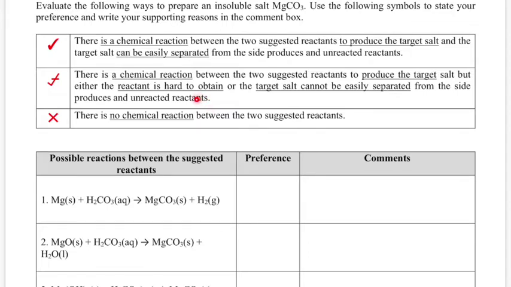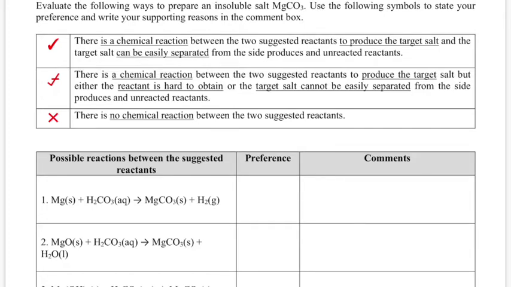For this one, put a tick but also put a line on it. Let's say it's half tick, half correct, half wrong. That means it's possible, but it's not the best way we can do it.